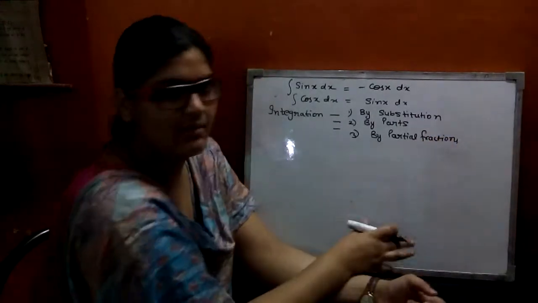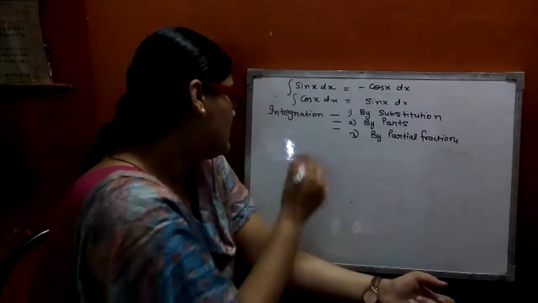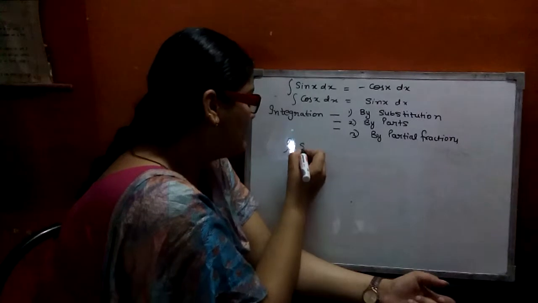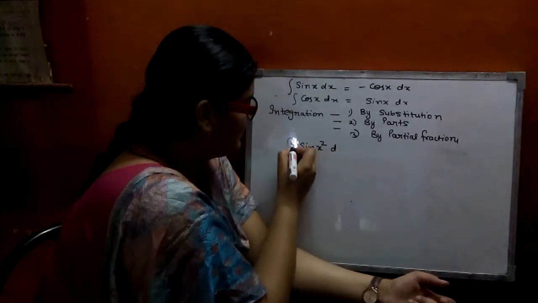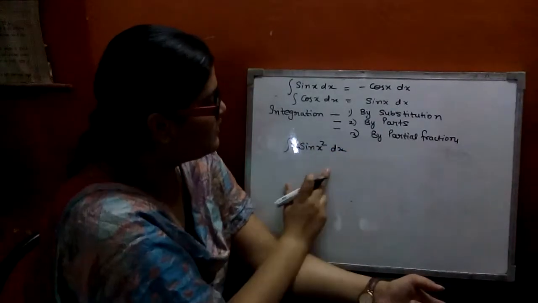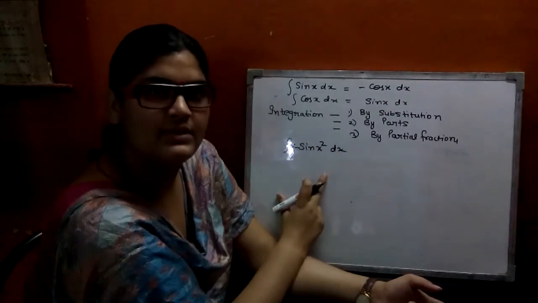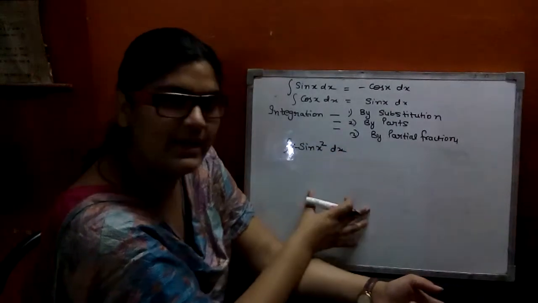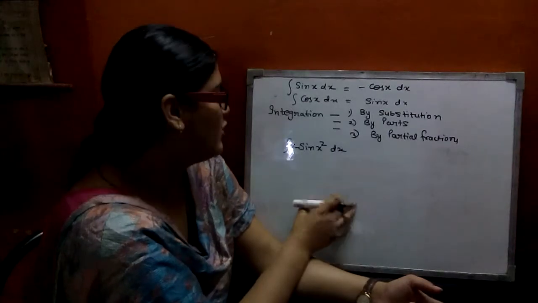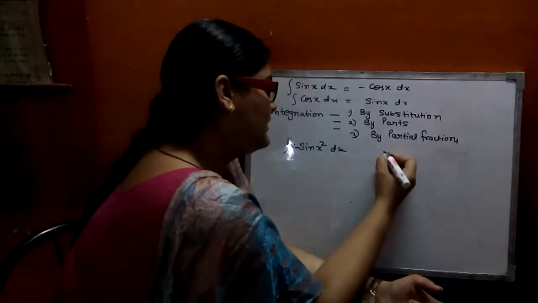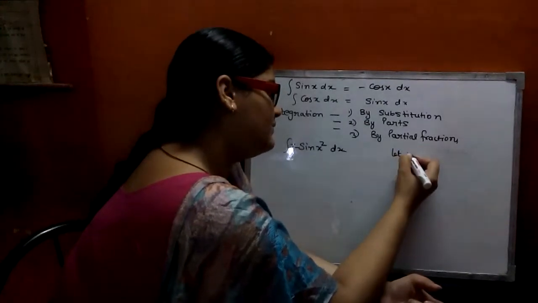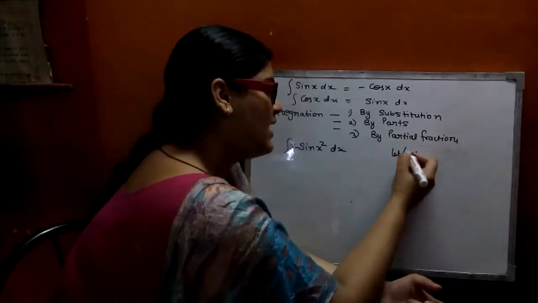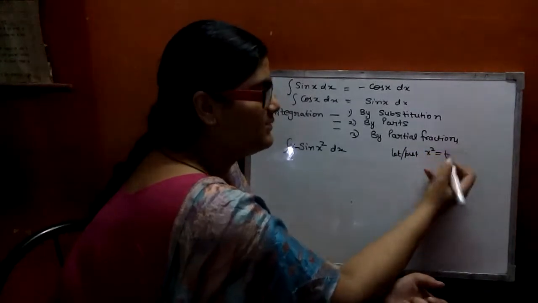So firstly we are talking about substitution. Let us suppose you have sin x square, and you have to find the value of the integral of sin x square dx. Then what you do? Listen to me very carefully. Put x square as t.